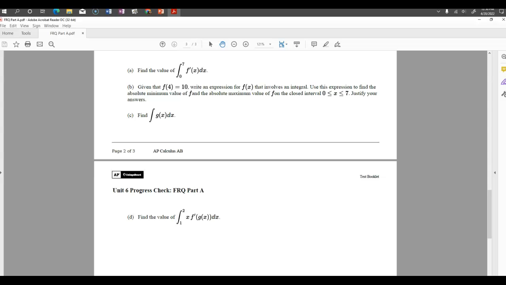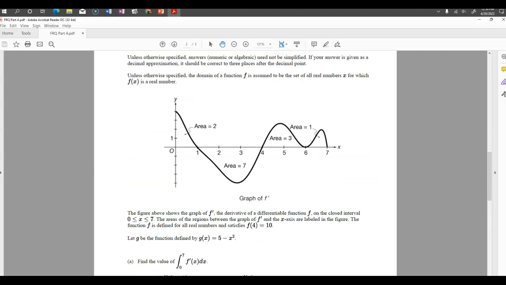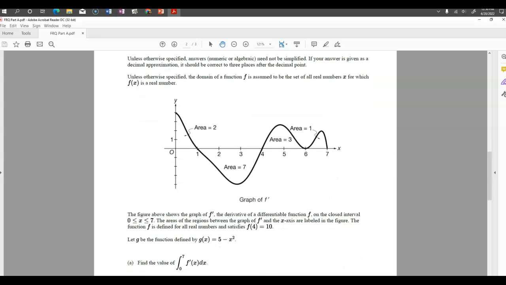Part D asked me to do the integral from 1 to 2 of x times f prime of g of x. So I'm going to bring this back up here and I'll show my work on the side. So we have, I want to find the integral from 1 to 2 of x f prime of g of x dx.